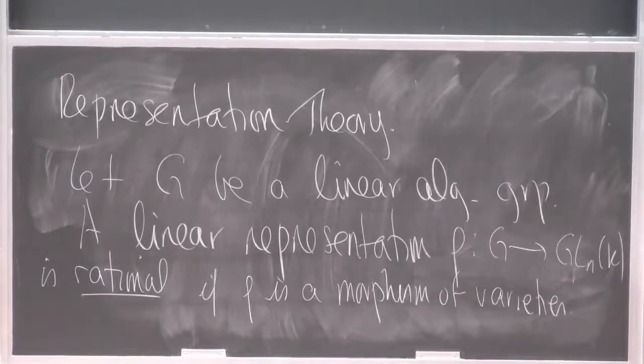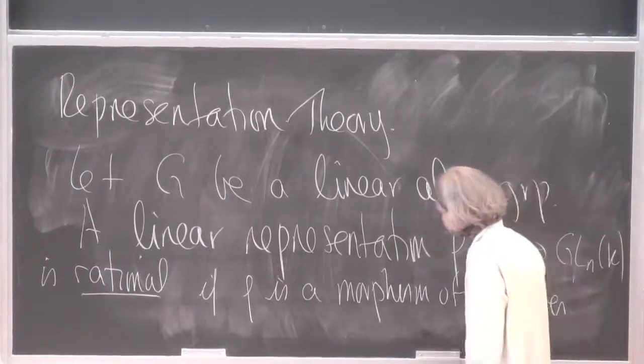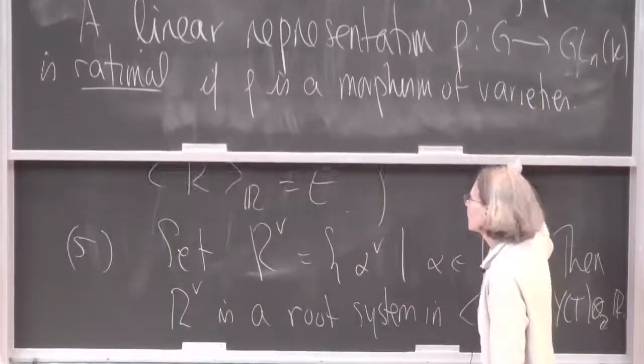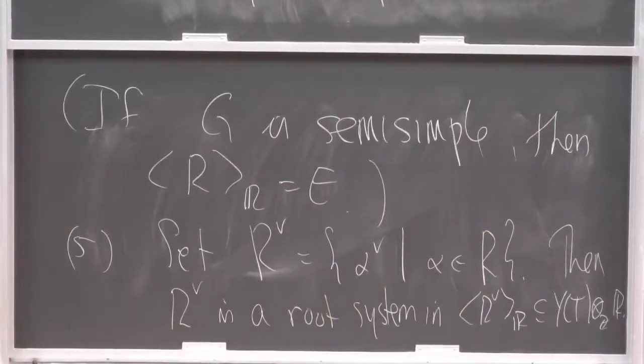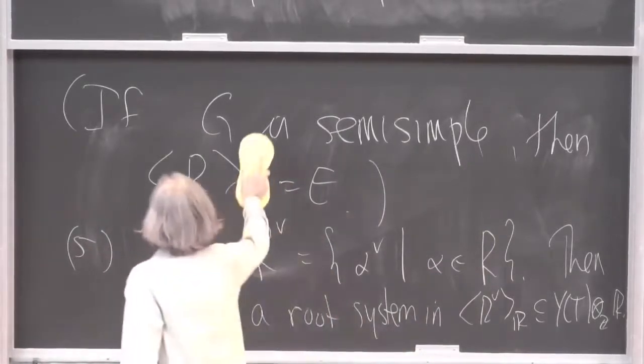All right? So what precisely does that mean? It's not complicated. It means that somehow, as Meinhof was saying, the map should be given by polynomials in the coordinates.